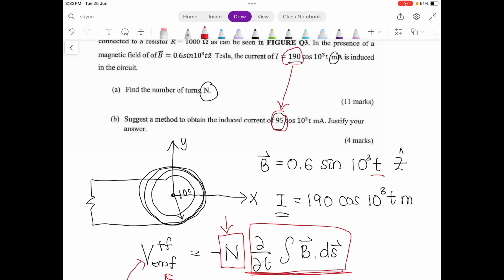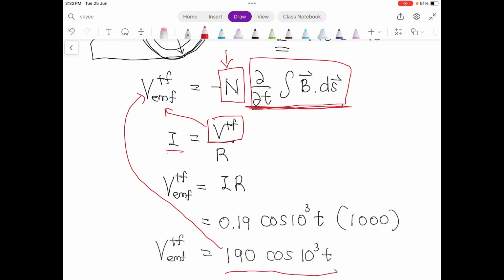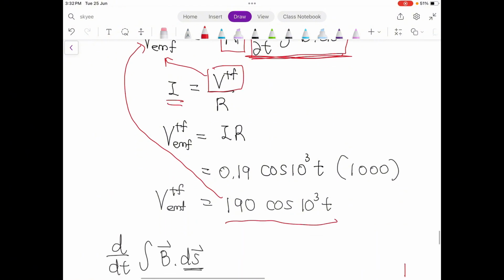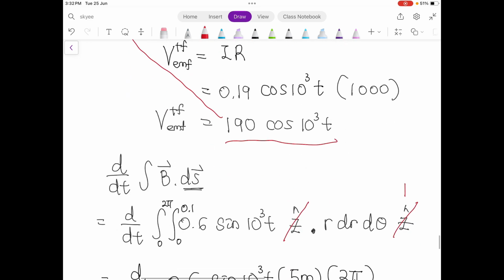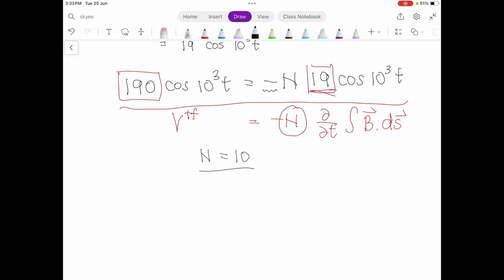You know the current is directly related to R, so one of the methods is to change your R. You can change the R connected to your loop. So if you want to get 95, how to get it?